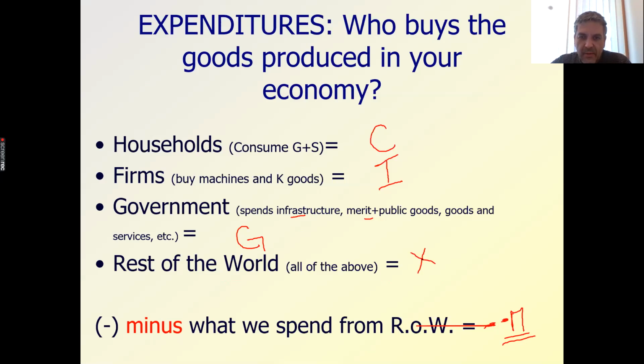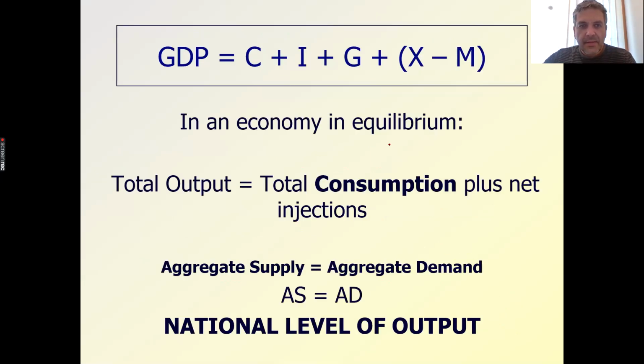So who buys the goods is households, firms, government, and the rest of the world, minus what we spend buying goods from the rest of the world. So from the expenditure method, we have now our key, C + I + G + X minus M. This is what we will call the GDP measure from the expenditure method, okay?